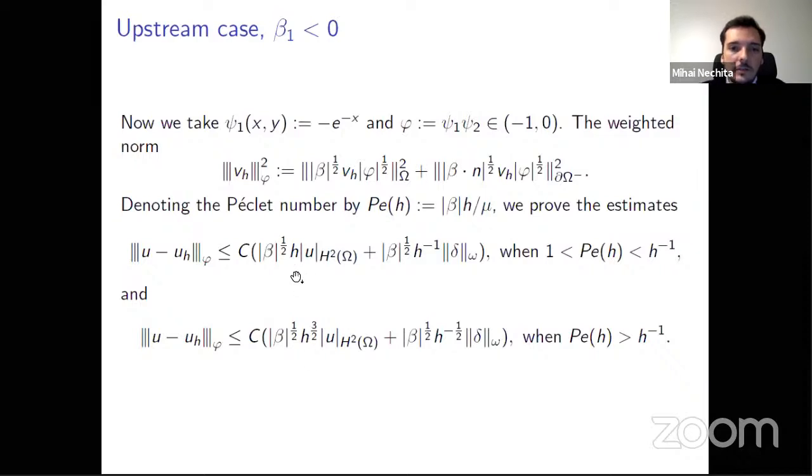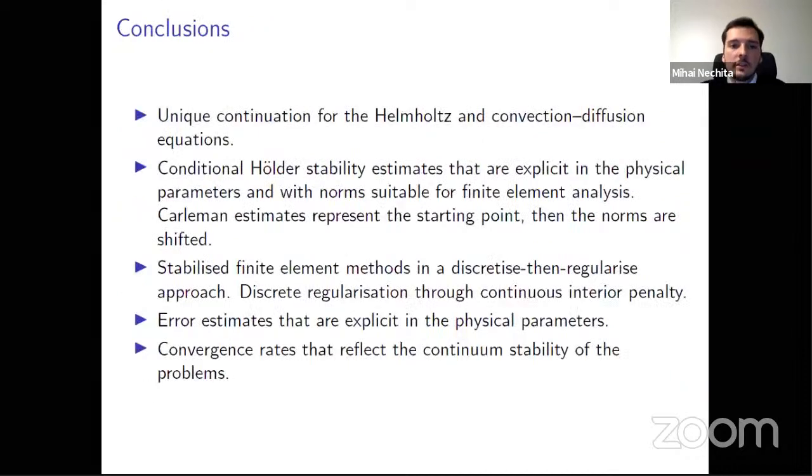So in this intermediate regime, we would have linear convergence and a stronger impact of noise, while in the fully convection-dominated regime, we will recover the 3/2 convergence order, and noise would be affected by h to the power of -1/2.